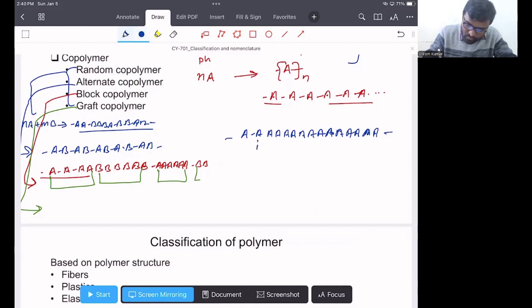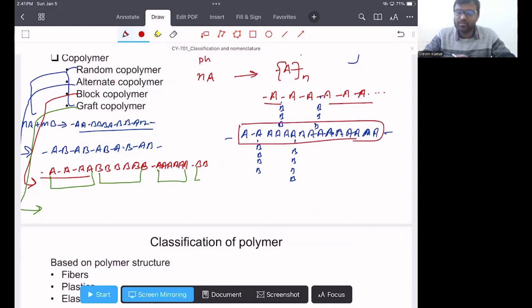And then we have some kind of B polymer attached. So this is an example of the graft polymers, where you have the homopolymer of A and the other homopolymer, and that forms the polymer there. This is called the graft polymers.